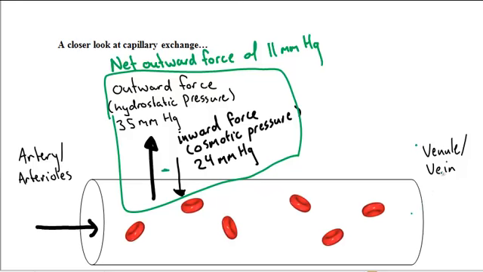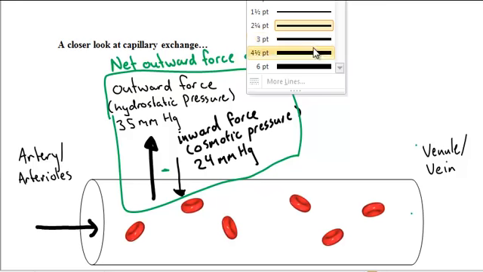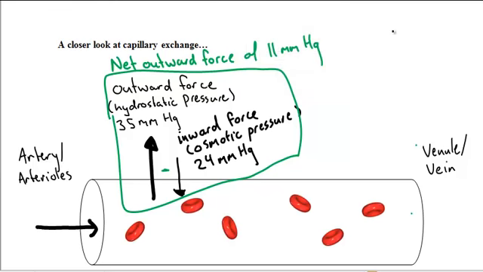So as we get towards the venule or vein end, the hydrostatic pressure actually changes. So we get down to that end, the outward force drops. The hydrostatic pressure drops to about 16 millimeters of mercury.